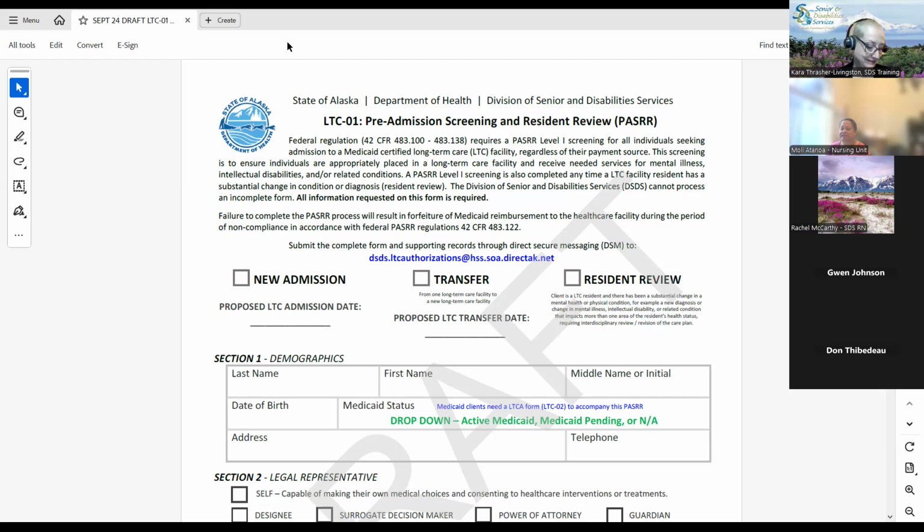Our nurses, Rachel and Scott and team, have put in a lot of work creating the new form to capture the intent of the screening form, as well as making the form a little more user friendly.